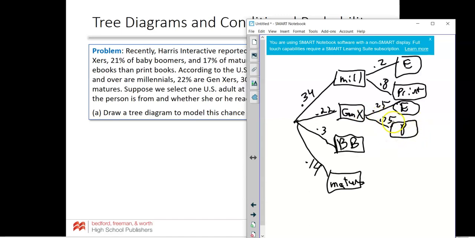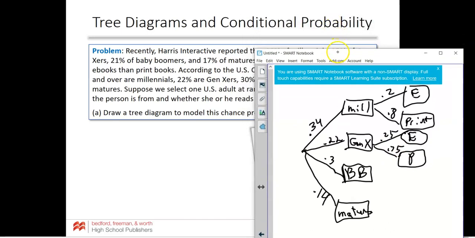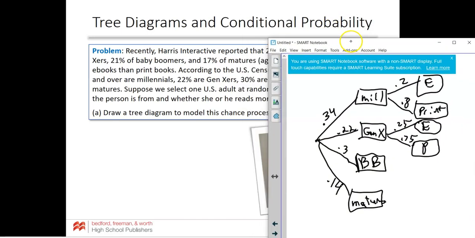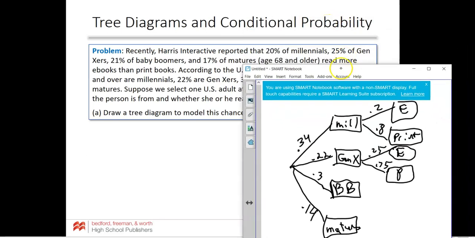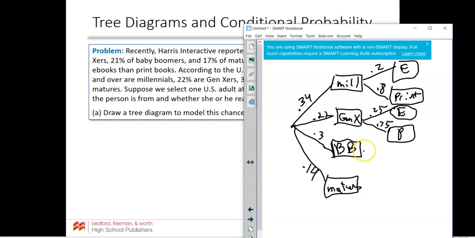I'm just going to put a P there. 21% of baby boomers, so 0.21 are ebooks, which means 0.79 are print. And finally, 17% of matures, so 0.17, which means 0.83 are print.